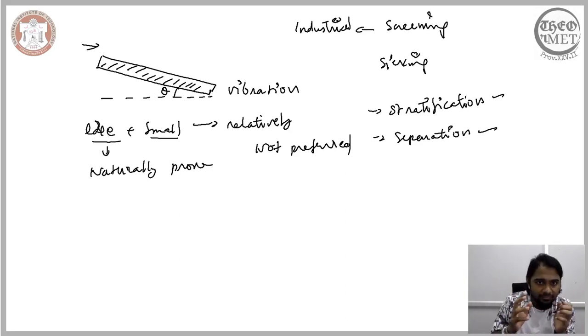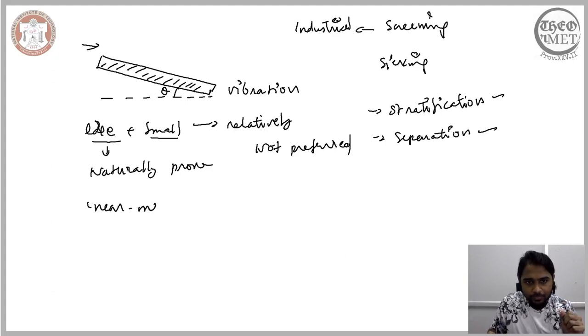Now, one other advantage of these characteristic features of screening, that is inclination and vibration, is that the vibration ensures that the small size particles are allowed to fall through. Even particles with a size close to that of the opening are allowed to pass through. Meaning, we saw in one of our previous lectures, there is something referred to as near mesh particles.